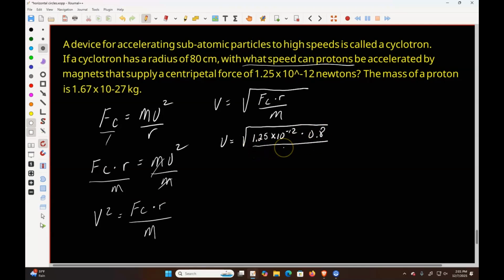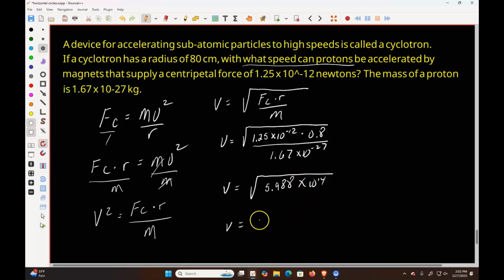And all this is divided by the mass. So the mass is 1.67 times 10 to the negative 27. So the velocity squared is equal to, let's say, 5.988 times 10 to the 14th power.